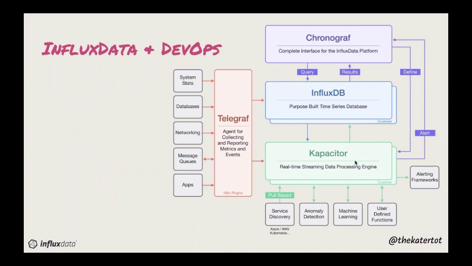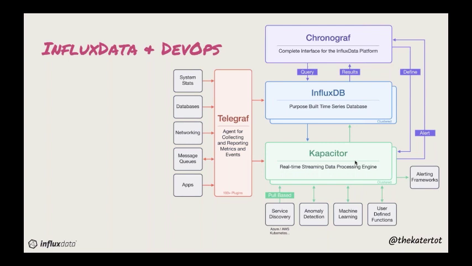And the way that this fits into DevOps, more specifically, is that DevOps is all about communication and being able to react and be adaptive in the face of what other teams are doing, what other systems are doing. And at Influx, we think that the way to do this is to have the metrics that allow you to make change. So we have a stack, we call it the TICK stack, which is Telegraf, InfluxDB, Chronograf, and Kapacitor.